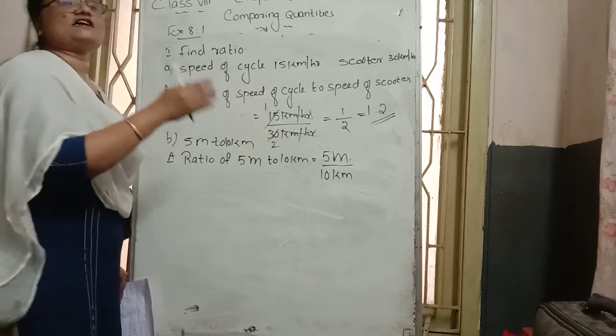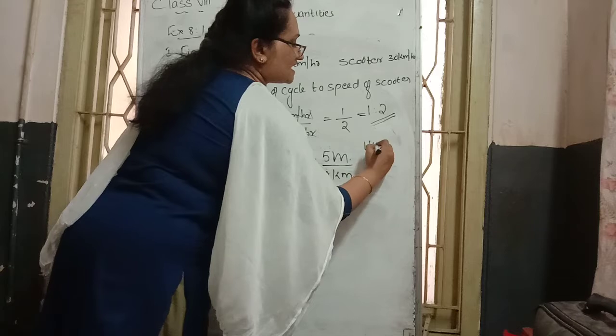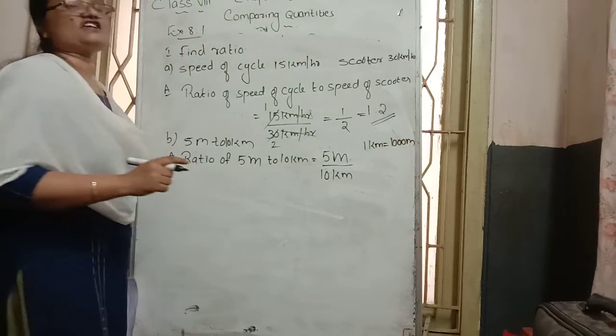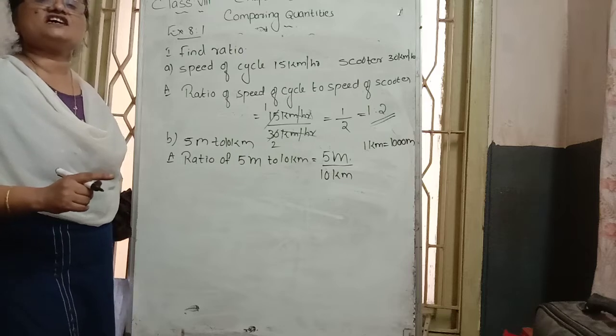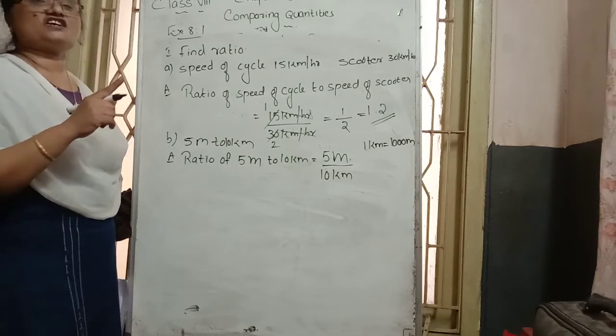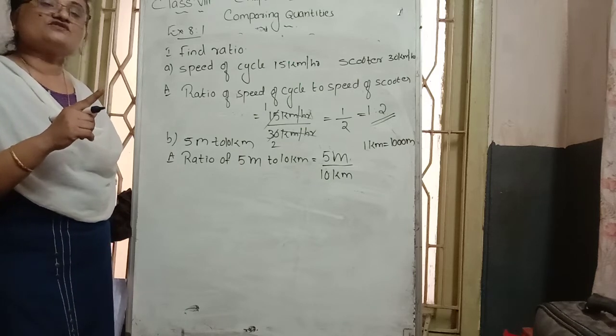We know that 1 kilometer is 1000 meter. So 2 kilometer is 2 into 1000, which is 2000. 3 kilometer is 3 into 1000, which is 3000 meter, like that.